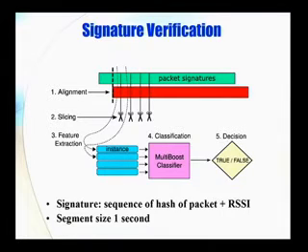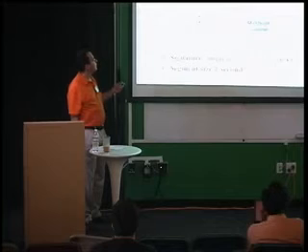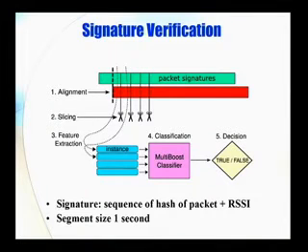Once a device gets a signature from the other device, first it actually has to align them, because the two devices might have started sensing the environment at slightly different times. So we basically look for the first packet that we have in common. Once we are done with aligning, we break the signature into smaller pieces, because it's hard to analyze the whole signature at once.